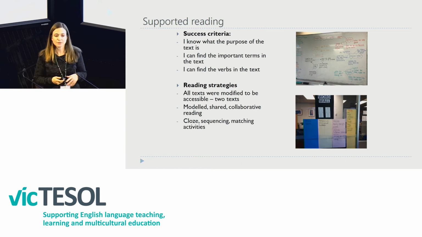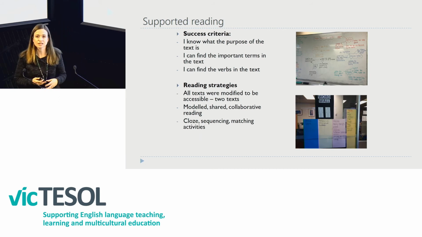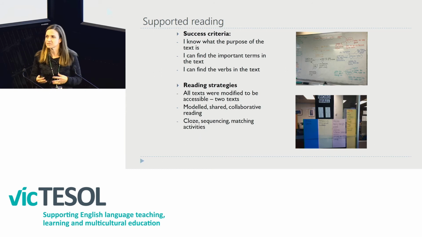Some examples of the success criteria I've used with this aspect are: I know what the purpose of the text is, I can find the important terms in the text, and I can find the verbs in the text. I try to make the success criteria really accessible for them so that they know what they're doing. Again, making the success criteria really explicit has been terrific for them to feel that sense of achievement. So this is currently where I'm up to with my students, working through the teaching and learning cycle.